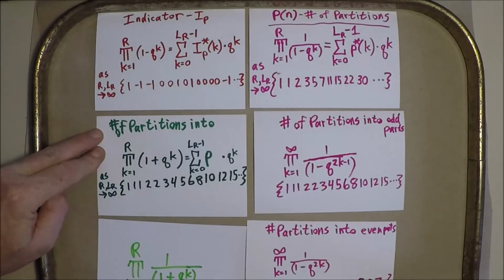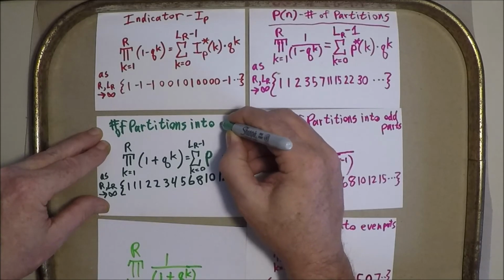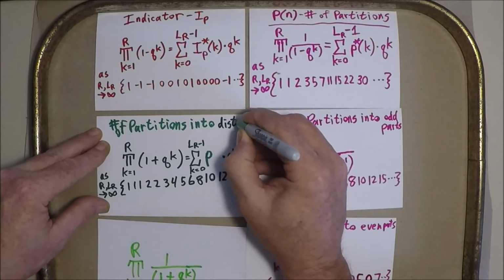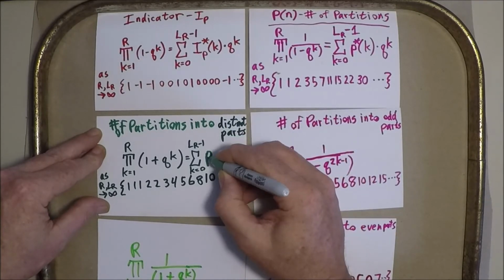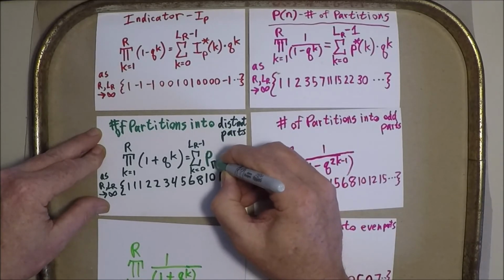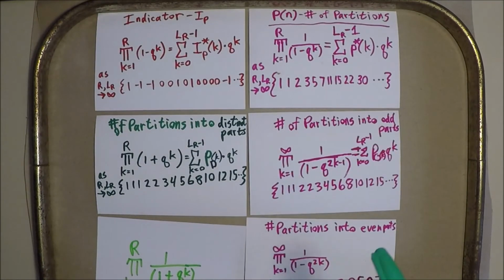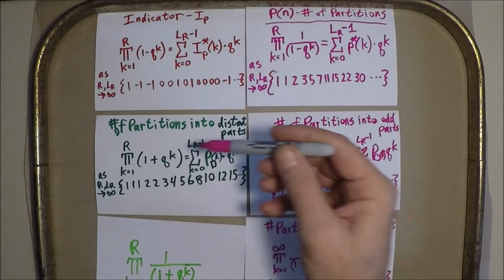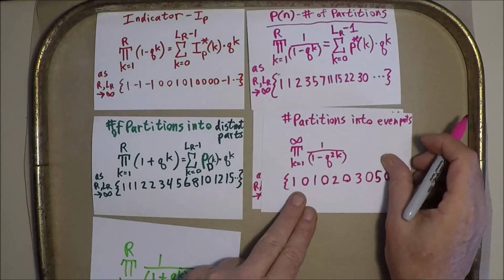Okay, so we can now call this what it is, the number of partitions into distinct parts, and our function here is designated with P and then a subscript capital D. Here, partitions into odd parts. So we've got unrestricted partitions, partitions into distinct parts, partitions into odd parts, partitions into even parts.